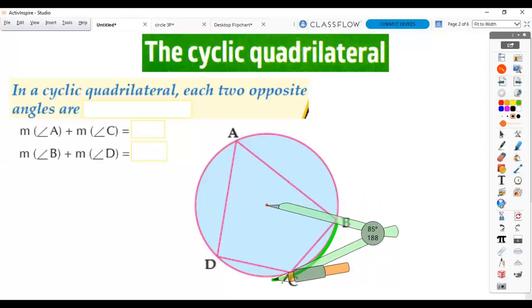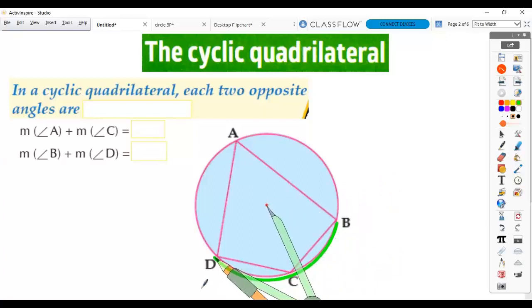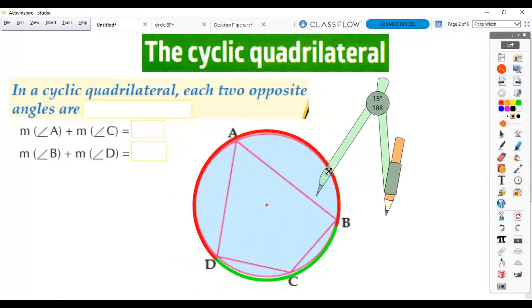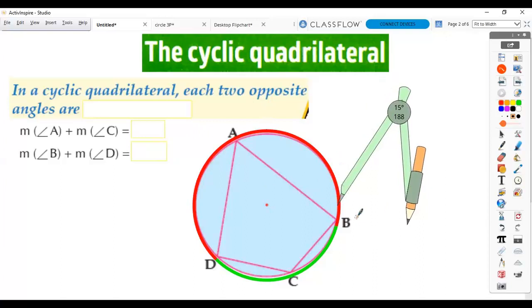This is arc BCD, and angle C is subtended by arc DAB. So the sum of these 2 arcs equals 360.